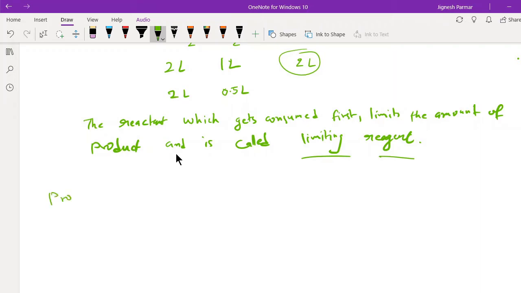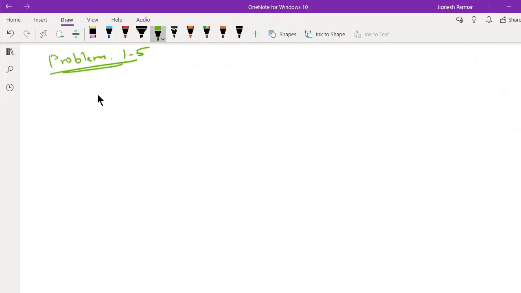The solved problem in our textbook is 1.5, I'm going to take it. In this one they said that 50 kilogram of nitrogen, so N2, is given as 50 kilogram. Now when I talk about 50 kilogram, along with it I can easily make it out. We take everything in grams, so can I write it this way, 5 into 10 to the power 3 gram.